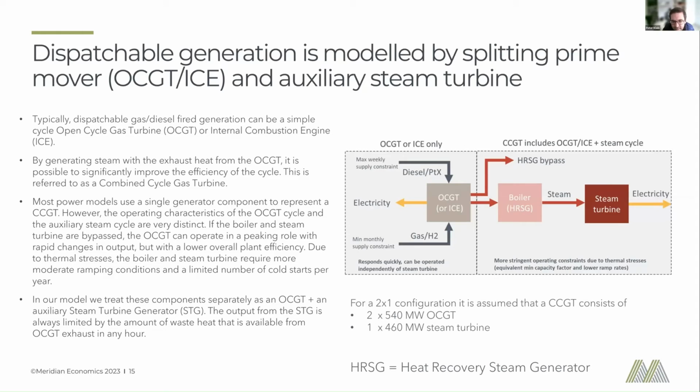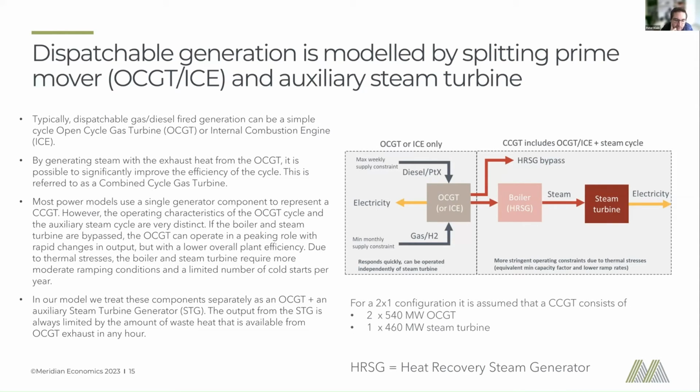So it's a 2-on-1 configuration with just over a gig of OCGT and about 460 megawatts of auxiliary steam turbine. If we see how that's dispatched in the model, typically what happens is that the HRSG and steam generator is running at idle during solar hours and then ramping up in the evening periods.